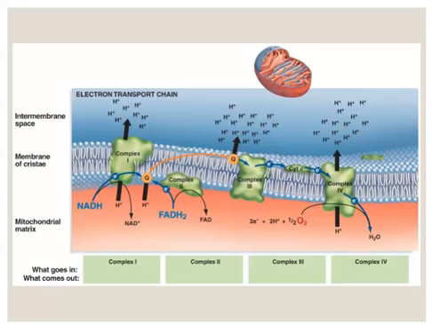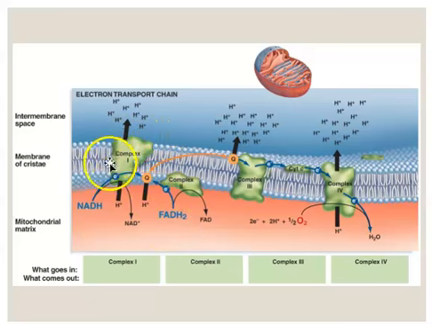Take a look at this drawing of the electron transport chain. So this membrane here represents the inner mitochondrial membrane. The outer mitochondrial membrane would be out here somewhere in this drawing. Here's the intermembrane space in blue, and here is the matrix in that orangish brown color.